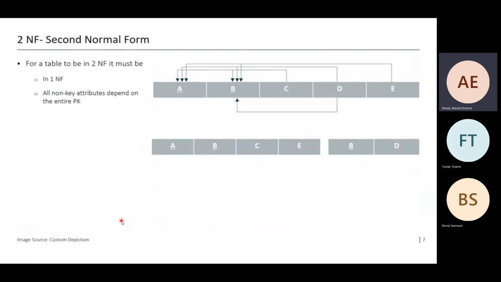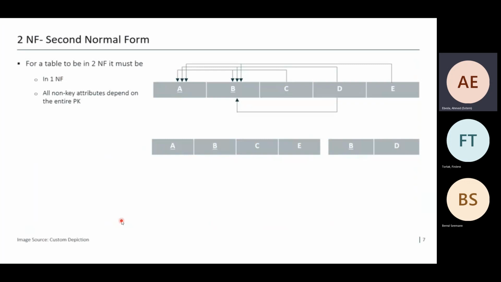For a table to be in 2NF, it must first be in 1NF and all its non-key attributes must depend on the entire primary key. This means that a table in 1NF with a non-composite primary key is by default in 2NF.